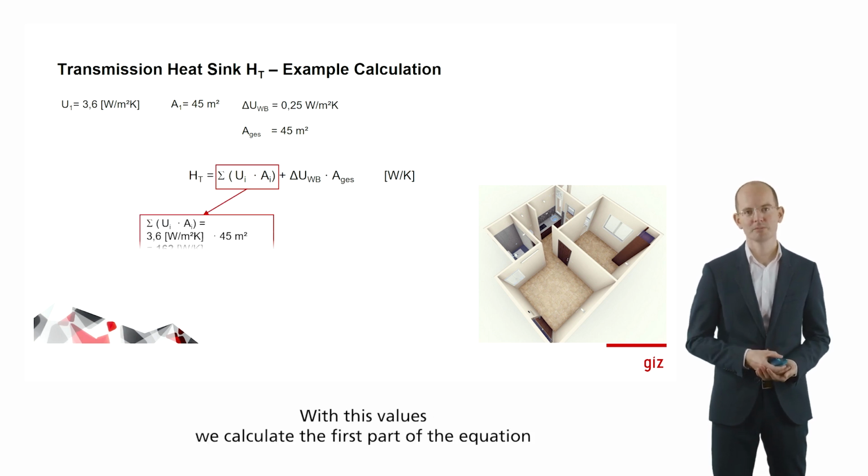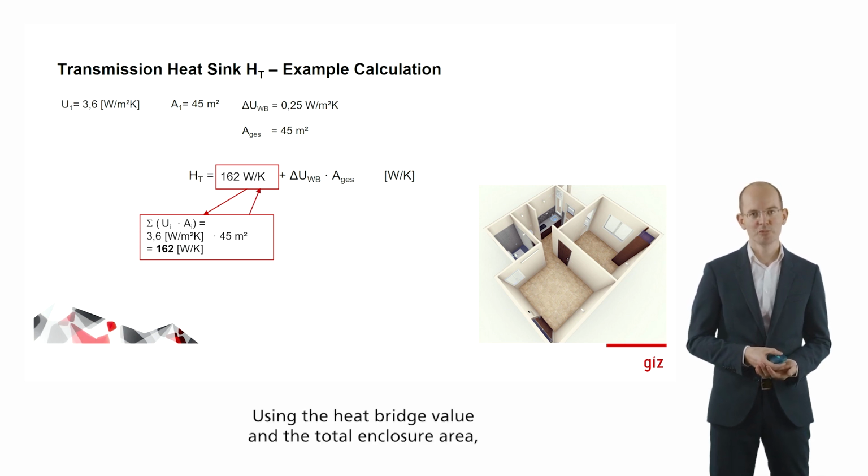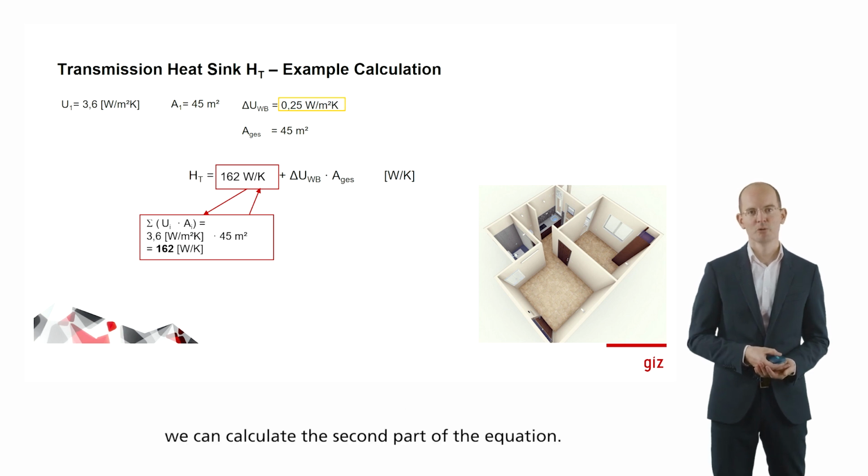With these values, we calculate the first part of the equation, and we get 162 watts per Kelvin. Using the heat bridge value and the total enclosure area, we can calculate the second part of the equation.